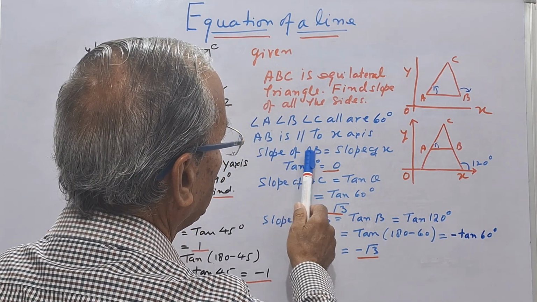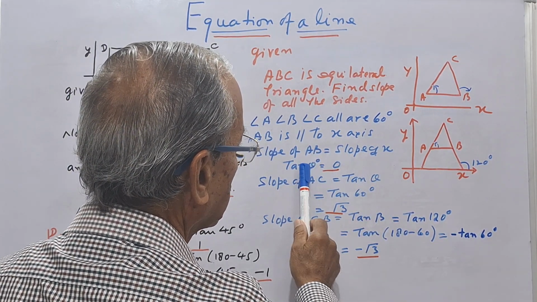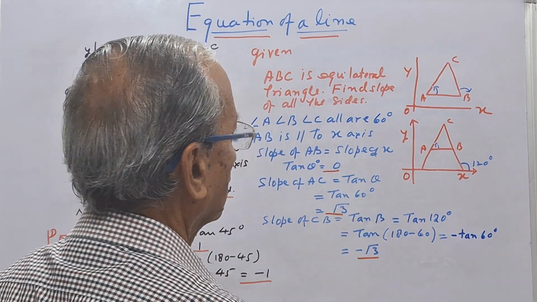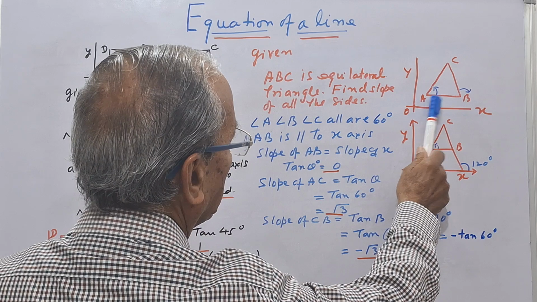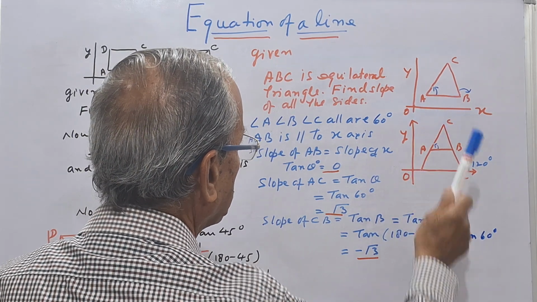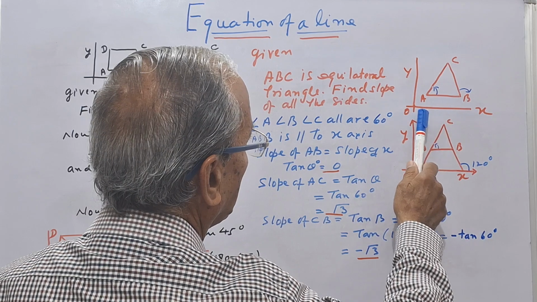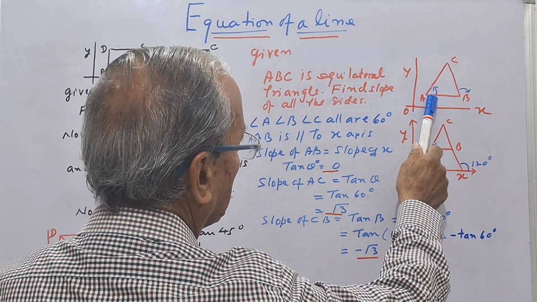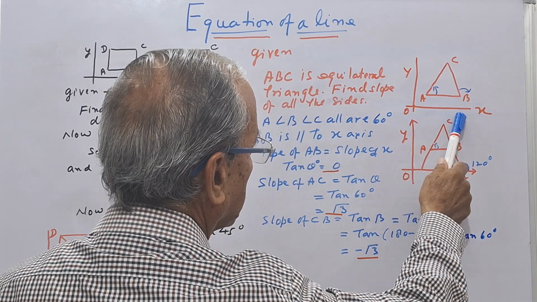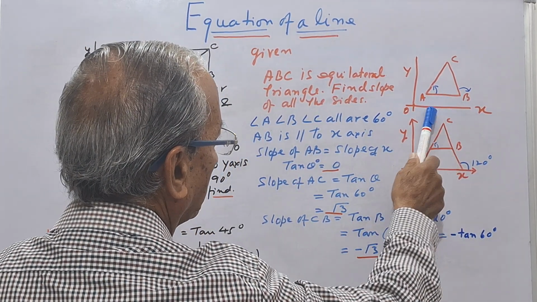So the slope of AB is equal to the slope of the x-axis, tan theta equal to 0. So the slope of AB will be 0.